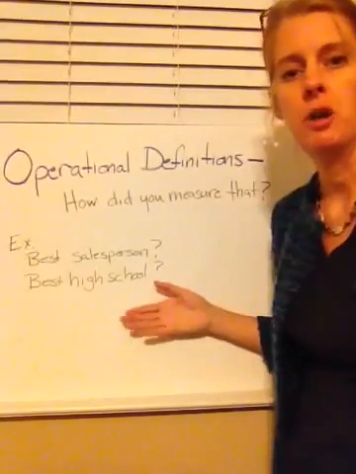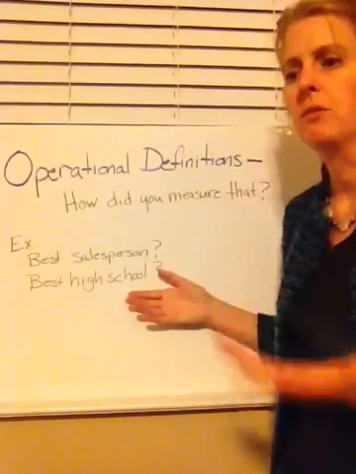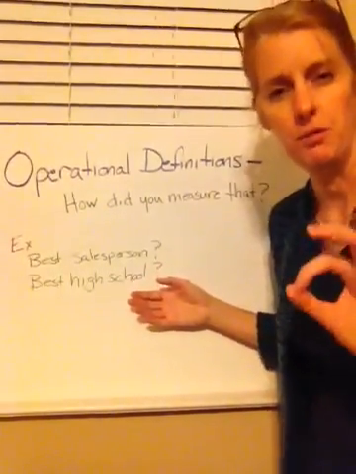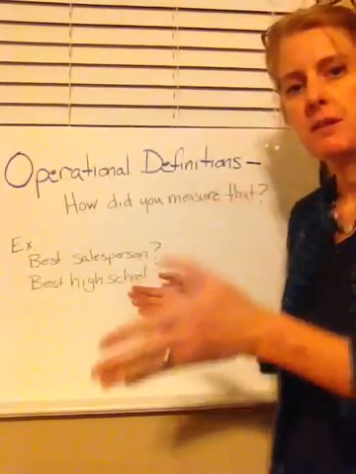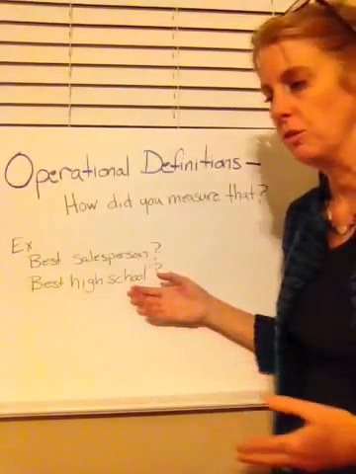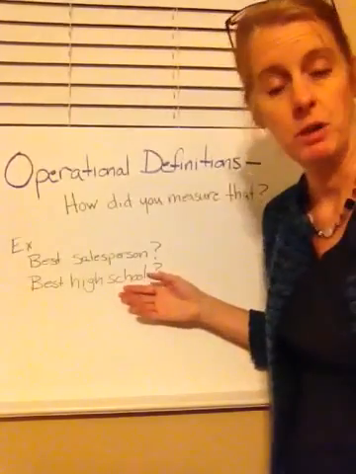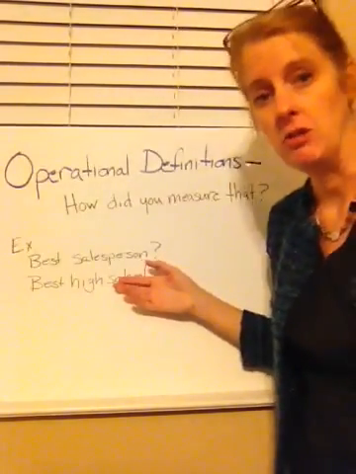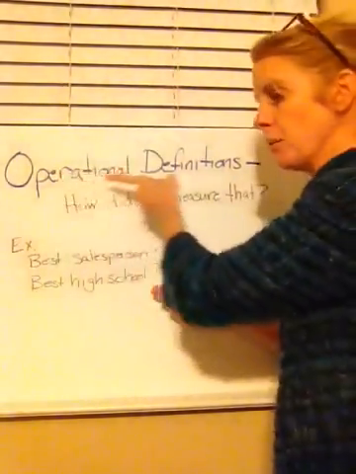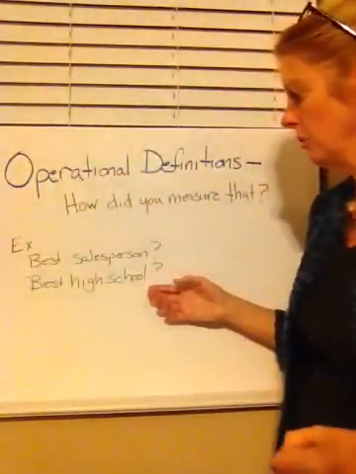Maybe I want to do customer surveys, and whoever gets the highest ratings is my best salesperson. So there are different operational definitions you could use, and that's fine, and we can debate whether we agree with each, but as long as it's operationally defined, I know exactly what you're doing to measure that.